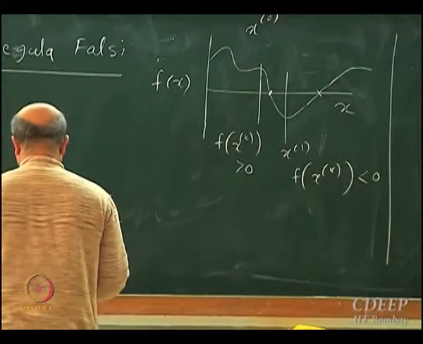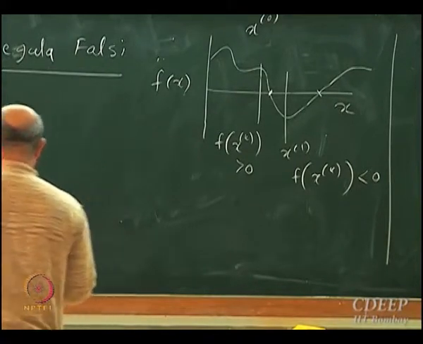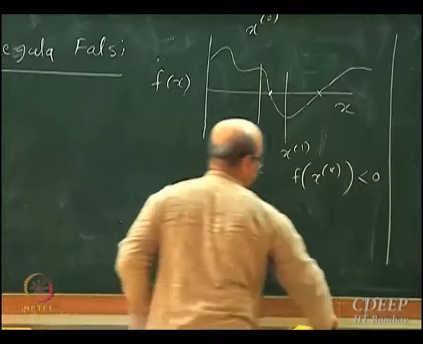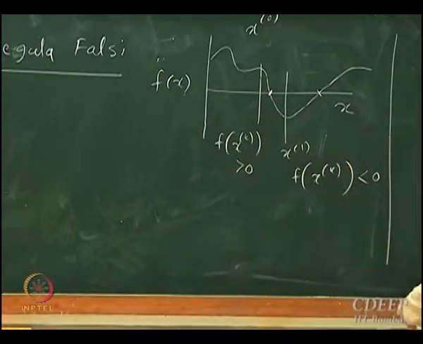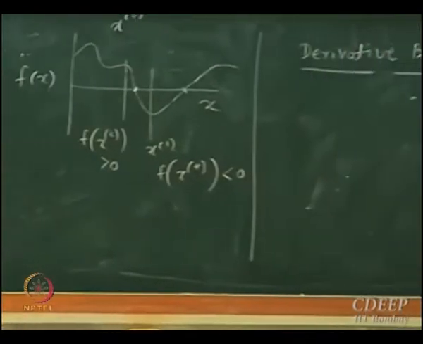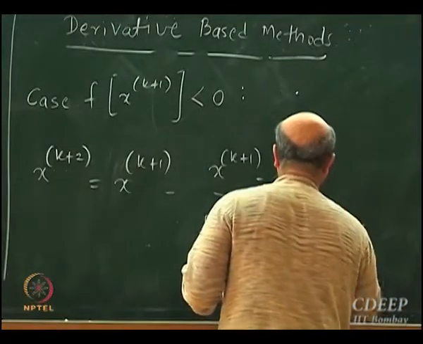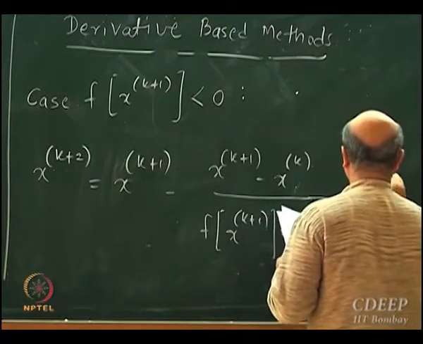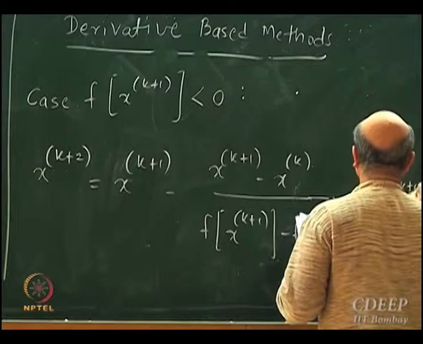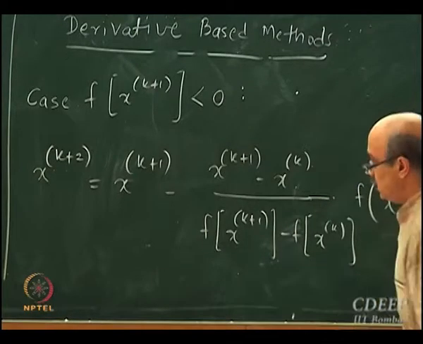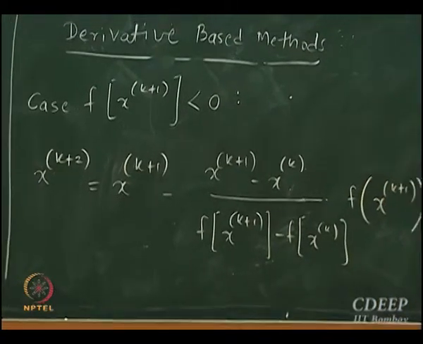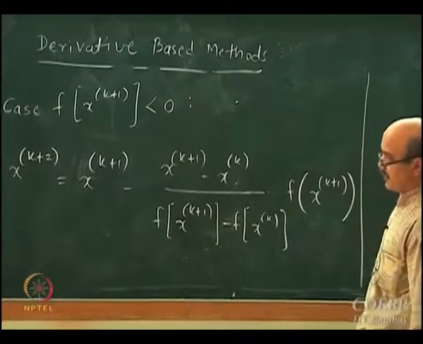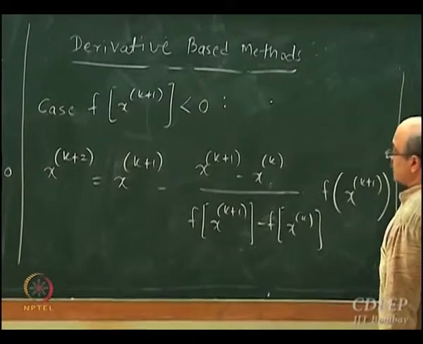So the modification here is that I'll just write down this modification here. Okay, you carry out the iterations by this formula if it is less than 0, and the second case is the other one.